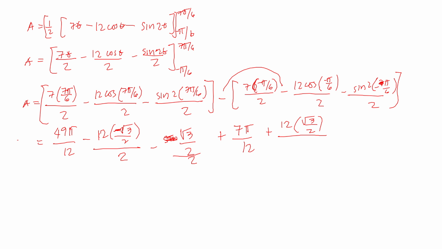12 cos negative pi over 6 over 2. Then this will become sine 2 times negative pi over 6, which is negative square root of 3 over 2 over 2.